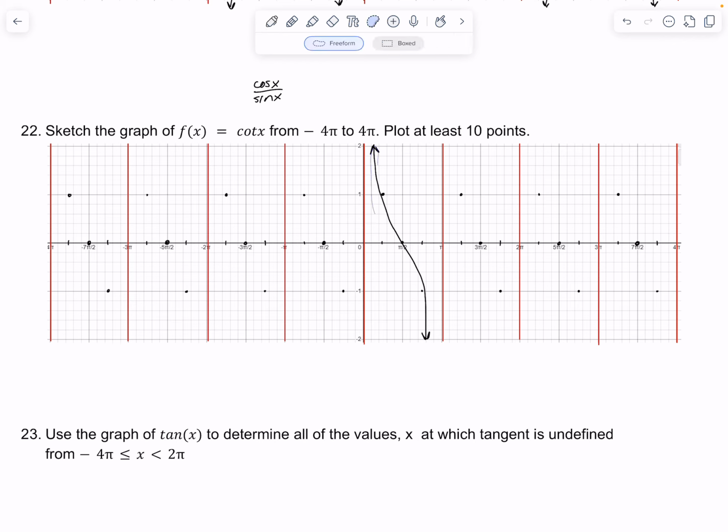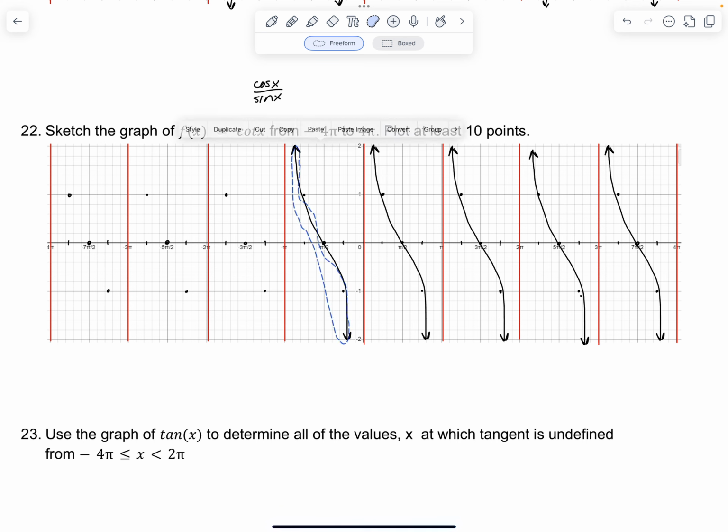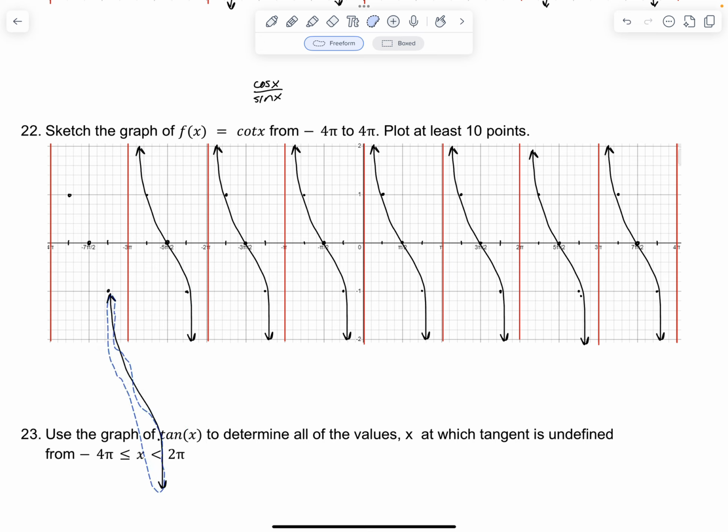And I can just copy and paste that shape a few times and I will have my answer. It's not the most perfect, but as long as you plot the right points and you have the general right shape, it should be fine. Yeah, that should do it.